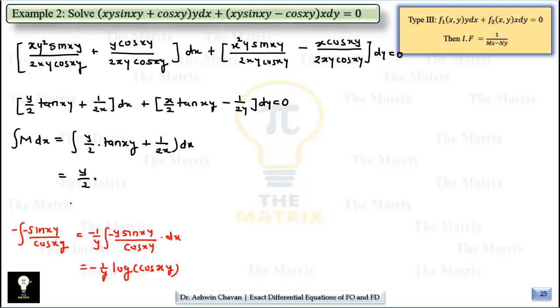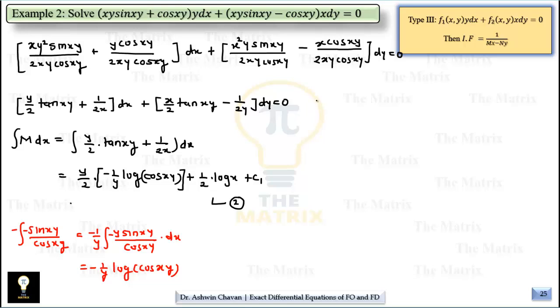So putting this integral value into the expression, we get minus 1 by y log of cos of xy, that's it, plus 1 by 2 and the integral of 1 by x is log x. This is the integral of Mdx plus some integral constant, say c1.